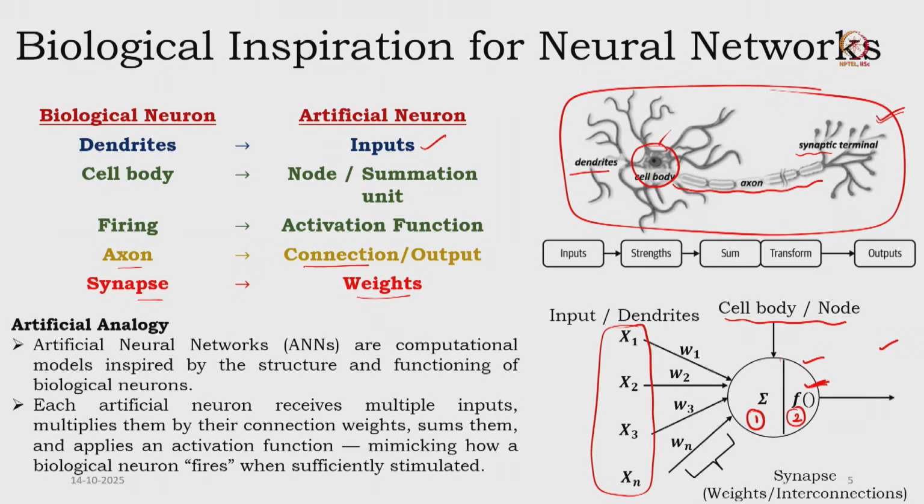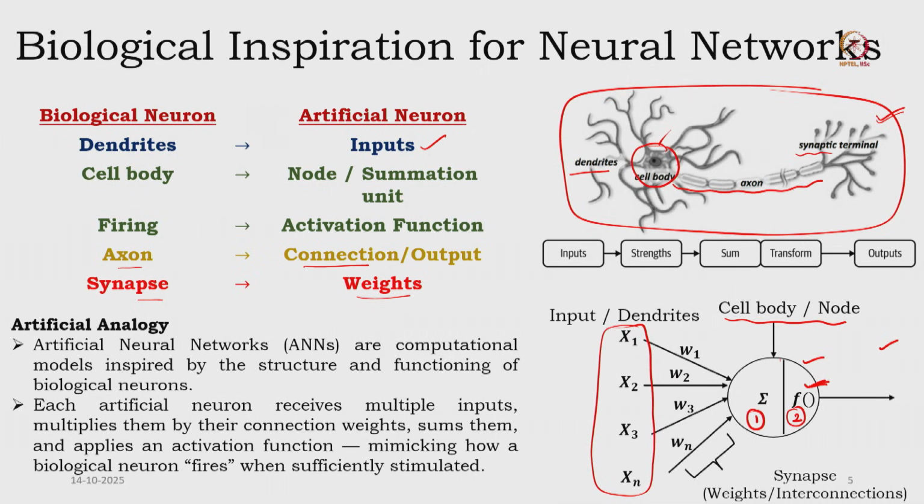Through dendrites, multiple inputs enter; here, inputs enter into the node. Then we have the synapse, where the synapse chemical strength is equivalent to the weights here. The weight's numerical value and the synapse strength are correlated.